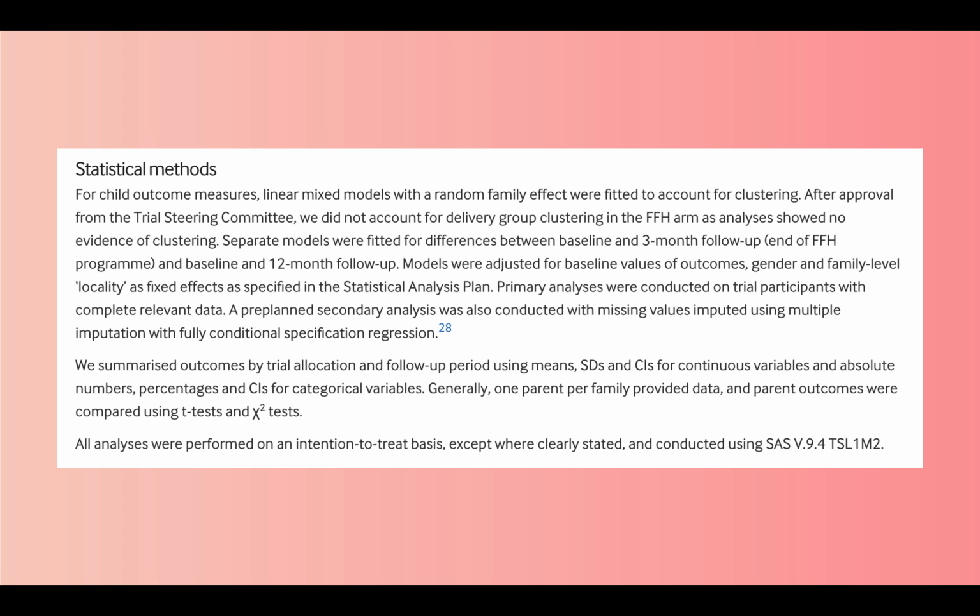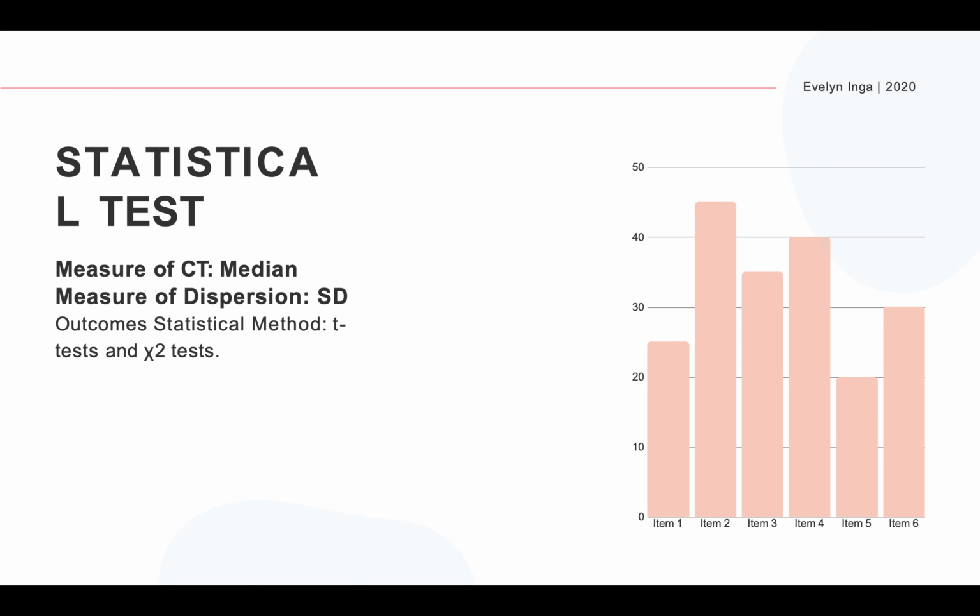What they did with this information is they just provided the means, a standard deviation that was the measure of dispersion, and the confidence intervals. All of this for the continuous variable. So the statistical test they used, it was the mean and the measure of dispersion, standard deviation. The outcomes were analyzed through the t-test and chi-square tests.